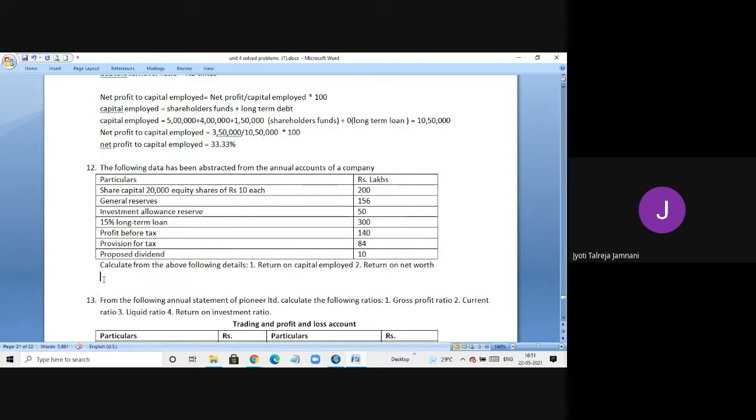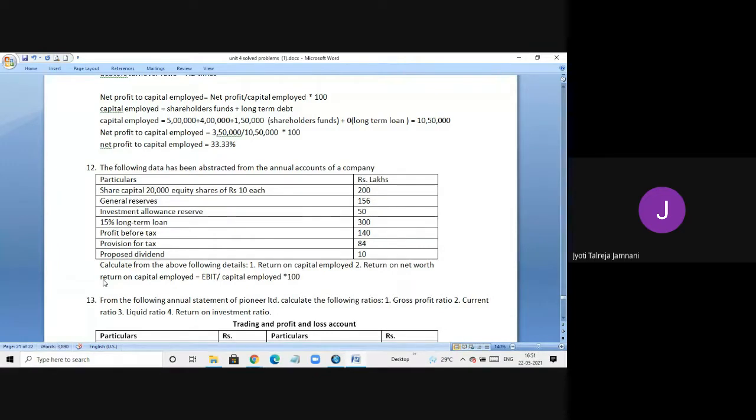Okay, so let's first start with the return on capital employed, equal to EBIT divided by capital employed into 100.